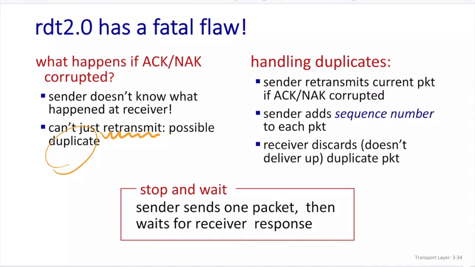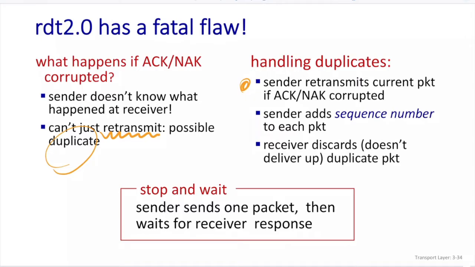So in this case, we need to deal with this problem, the ACK and NAK corruption problem. Since we need to do this, we might need to do retransmission. Here is the new mechanism introduced in 2.1: the sender will retransmit the current packet if the ACK or NAK is corrupted.